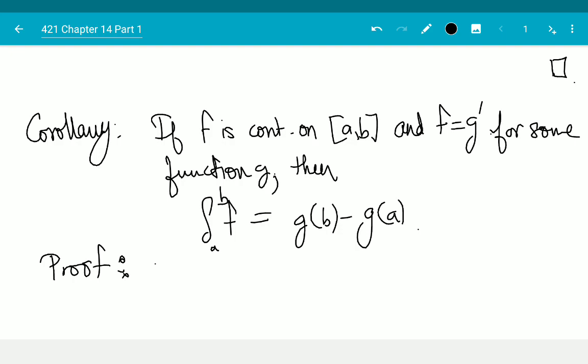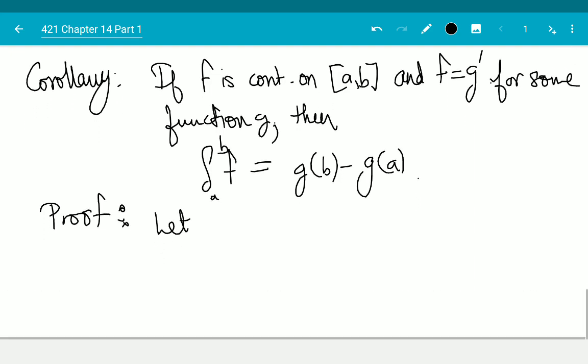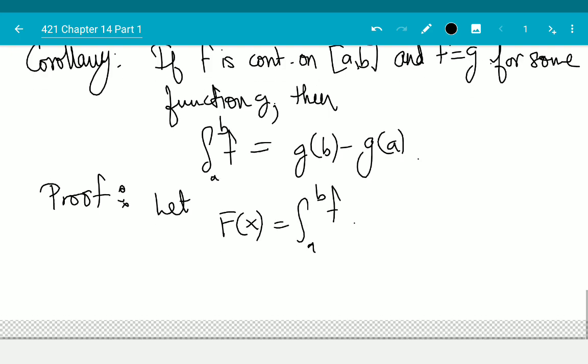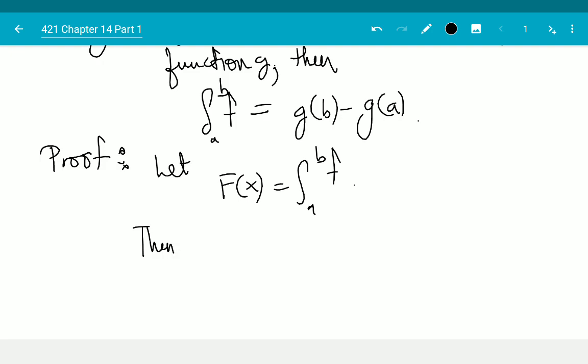How do we prove this? Well, the proof is relatively simple. Let capital F of x be equal to the integral from a to x of small f, then F prime is equal to f, which is equal to g prime on a to b. Now be careful.